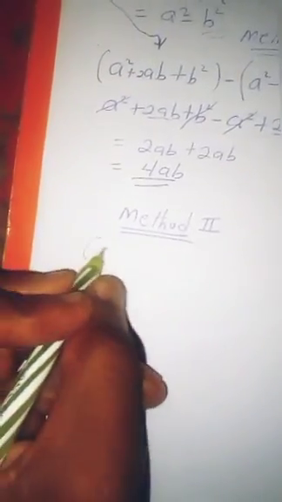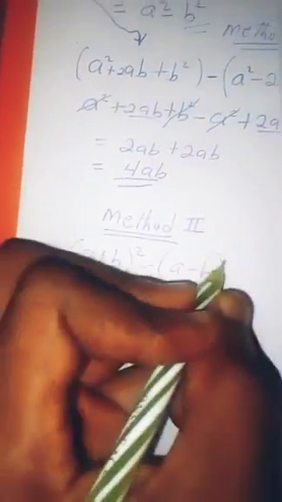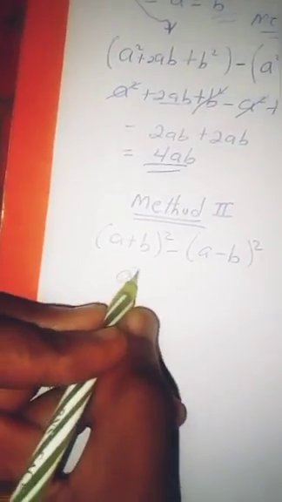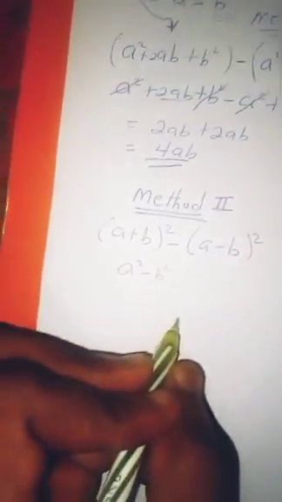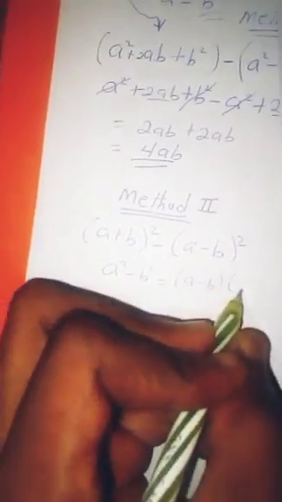So for method 2, we use the difference of two squares to rewrite the expression. Remember, if we have a squared minus b squared, that will give us (a − b)(a + b).